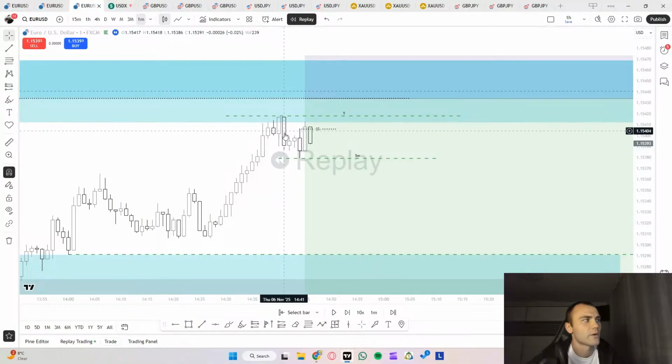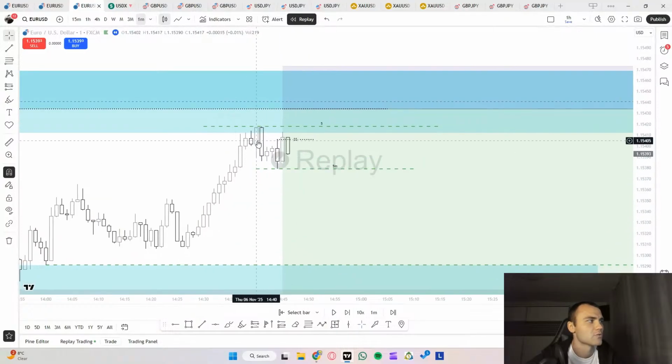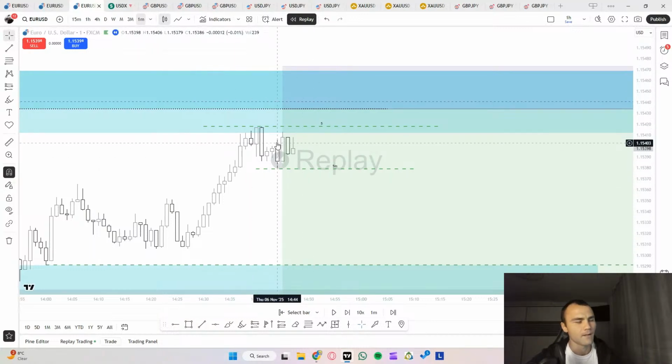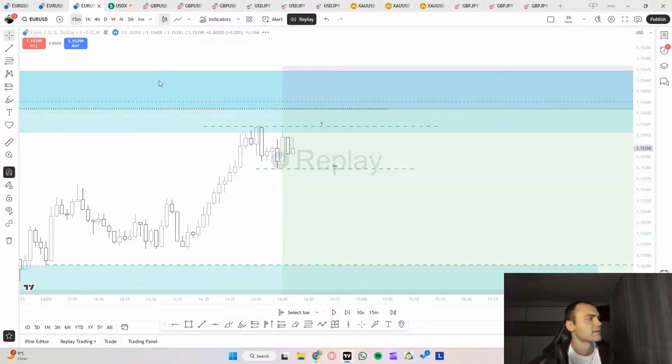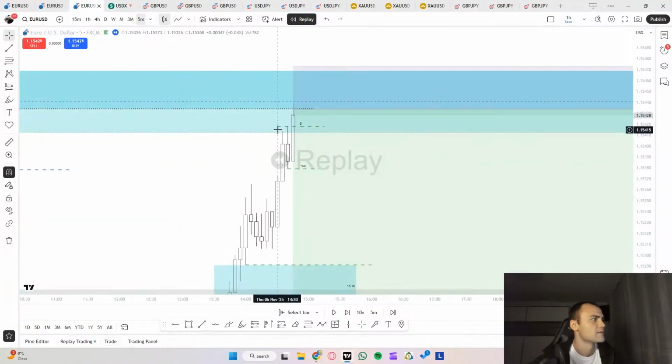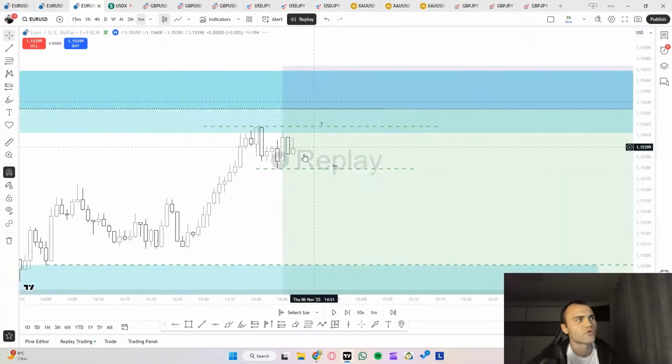Right now we were sitting between two other blocks, between this one and this one, right? But this one was tested once. I see some consolidation, and at this moment the idea was that this high is going to react, or this 5 minutes range is going to act also as liquidity for this 1 hour, just to trap many people.